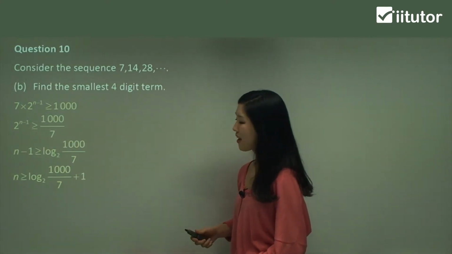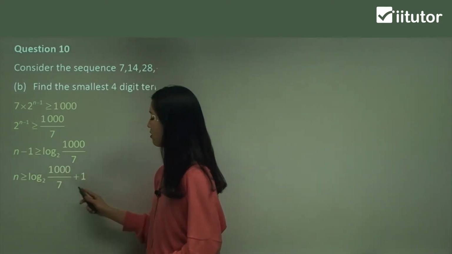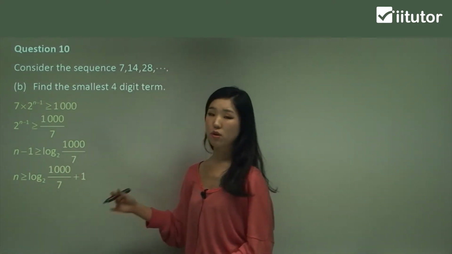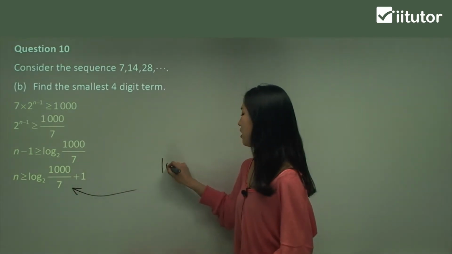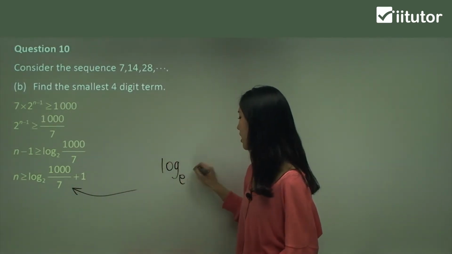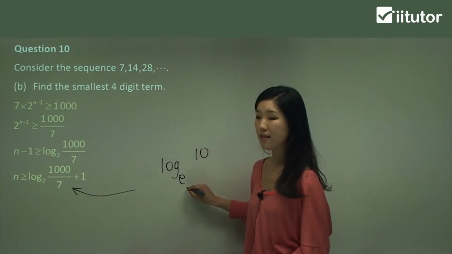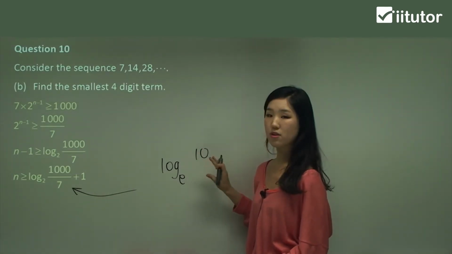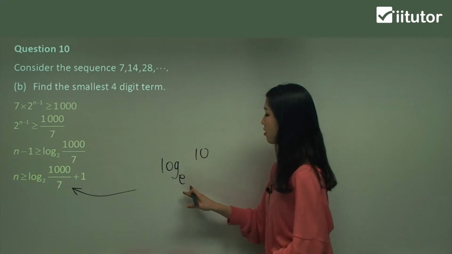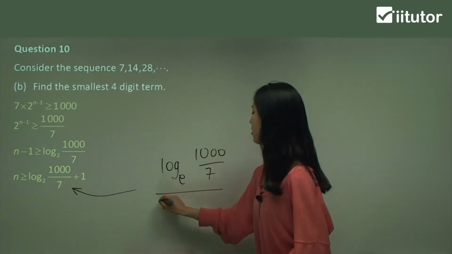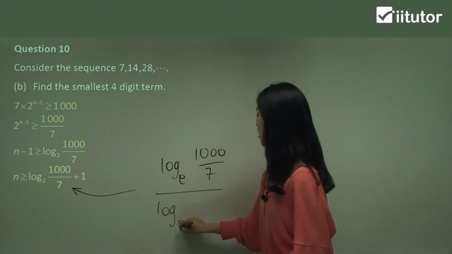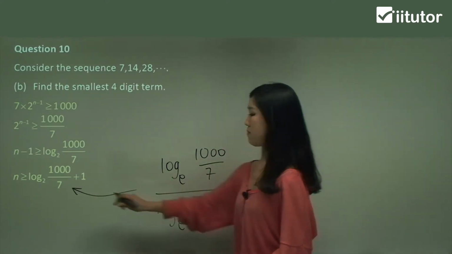Alright, and again guys, use the same kind of thing here to find what this value is. If you want to put that in your calculator, I'll try to do log e this time. Log e, you can put anything you like as the base, as long as the base on the top and bottom are the same. So log e of 1,000 over 7, over log e of 2, because the base is 2.